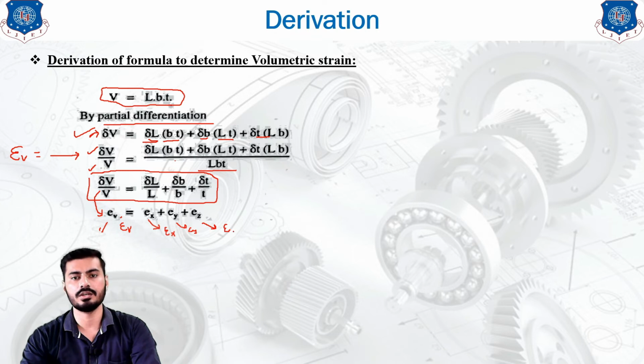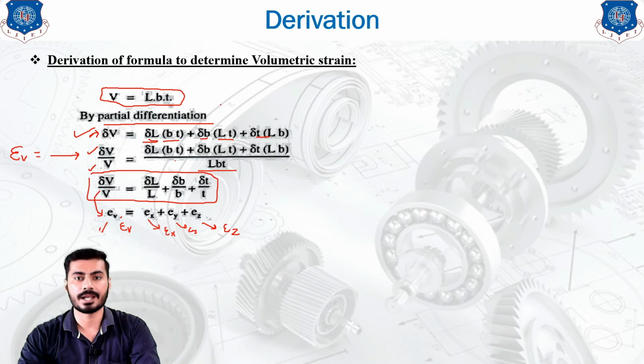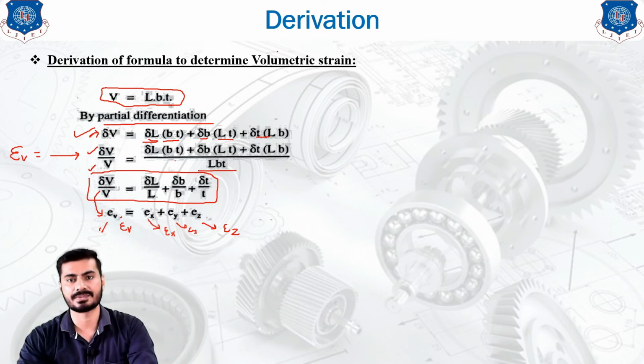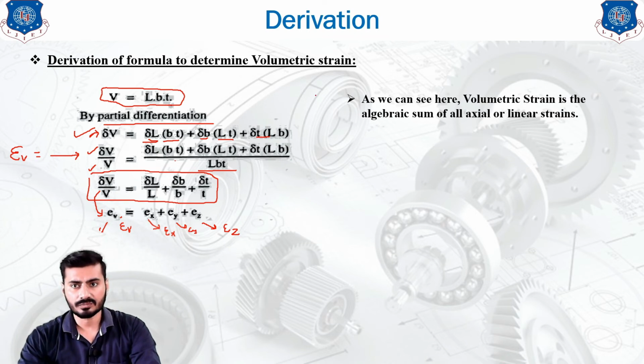So we have come across the equation of the volumetric strain, which is the summation of the strains in the three mutually perpendicular directions. So epsilon V is nothing but the summation of epsilon x, epsilon y and epsilon z. As we can see, the volumetric strain is the algebraic sum of all the axial and linear strains.